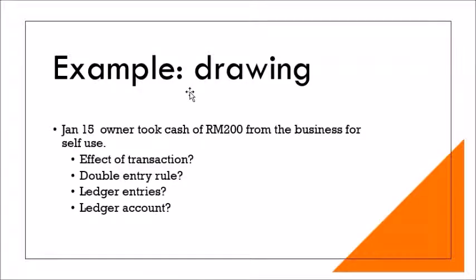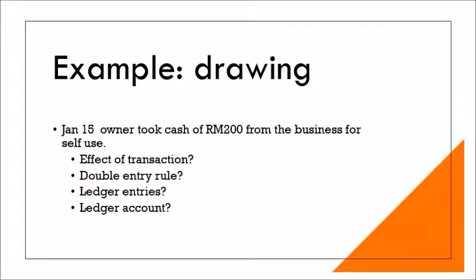This is our last example, drawing. Okay, 15 Jan, owner took cash of 200 from business for self-use. Okay, so when they say self-use, meaning it's not for the business, the owner took it for his own use.